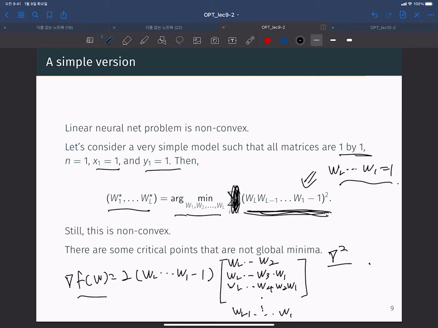But there are also other types of local minima, for instance W1 equal to W2 equal to 0, where your gradient vector is equal to 0.